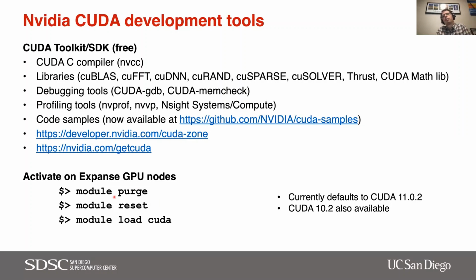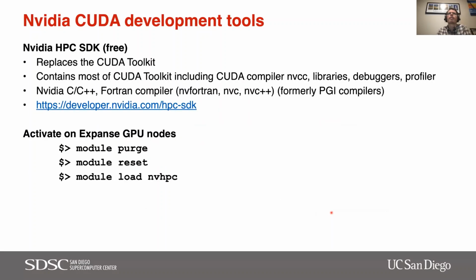So often it's good to do a purge and start with a clean slate. Module reset will load the default modules for the GPU nodes, which are different. On the GPU nodes, you have different software available specific to the GPU nodes than on the CPU nodes. And then you say module load cuda, and it defaults to CUDA version 11. There's also an older version. There are different versions available if you need that.